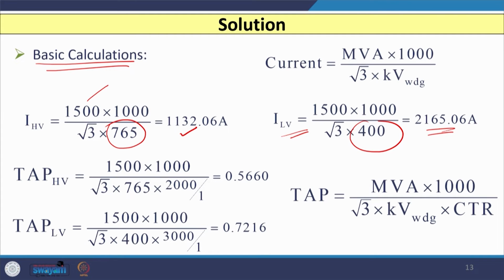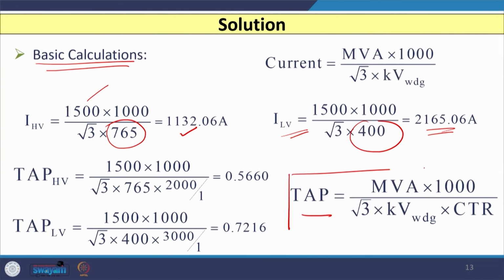Now, when we consider the three compensations, that is zero sequence compensation, tap compensation, that is magnitude compensation, and phase sequence compensation, we have discussed the equation of tap that is given by this. Using that tap equation for magnitude compensation, let us calculate the tap on HV side and tap on LV side.